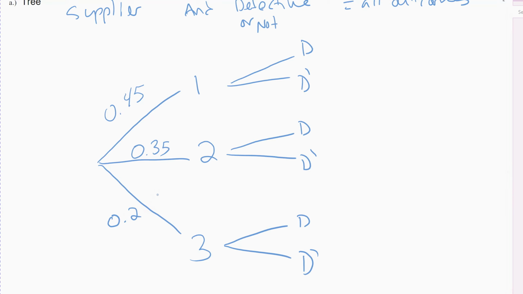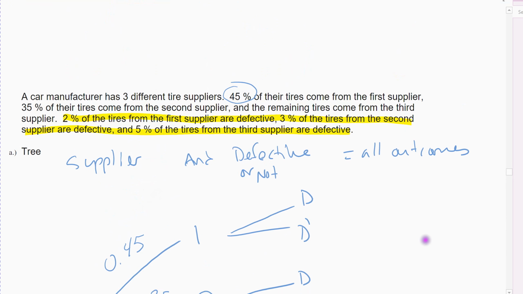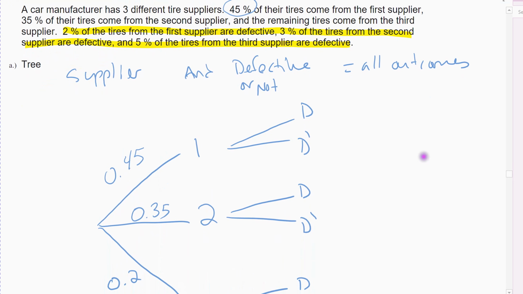All right, then there are my conditionals. If I have the first guy's tire, his odds of having a defective one are less. The odds of the first guy's being defective is 0.02, which means 98% are okay, so 0.98. Second guy, 3% of his are bad, so 0.03 are defective, which means 0.97 are not. 97% are not.